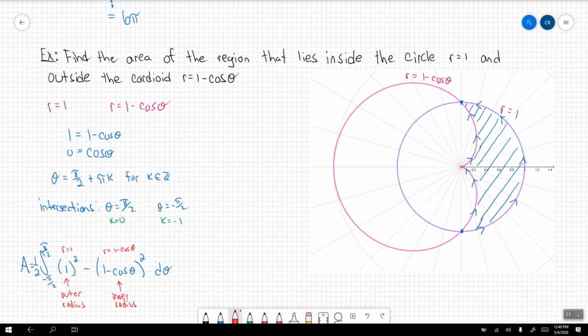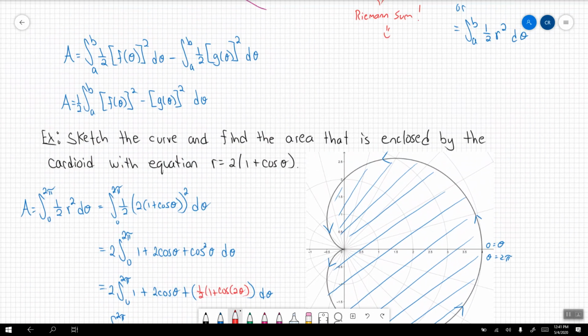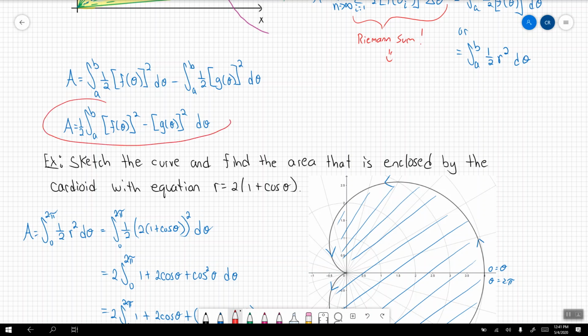This goes back to how we started defining these functions, saying that if we want to calculate the difference between these two functions, we take the outer minus the inner. And the area again is just 1/2 because the area formula always uses that 1/2 value.